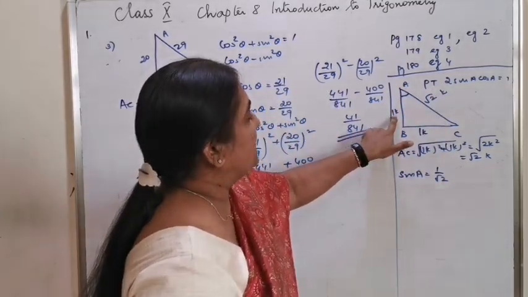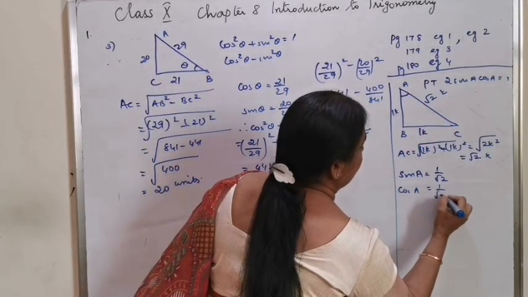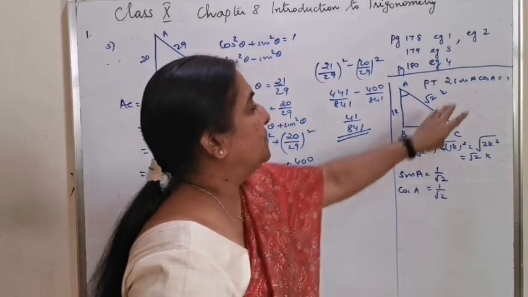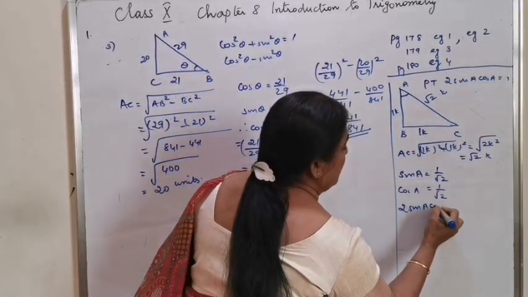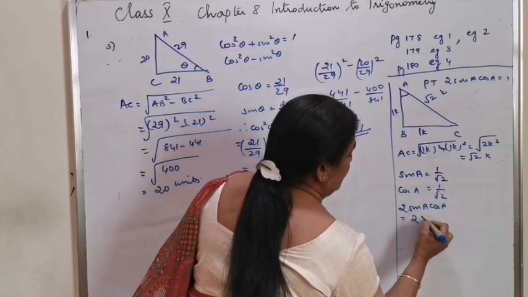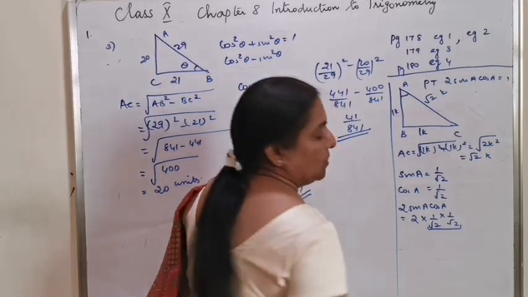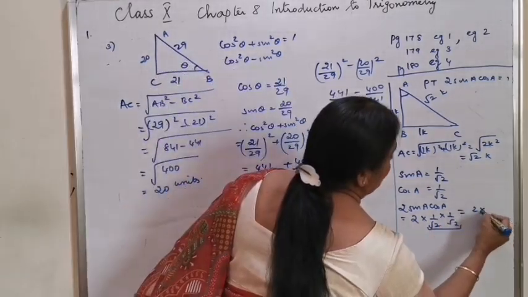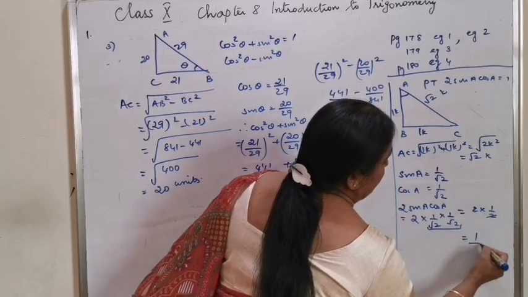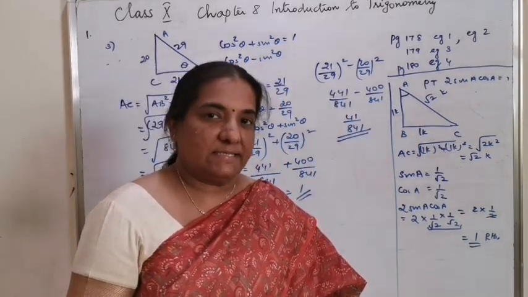Cos A is equal to adjacent by hypotenuse. Now substitute in the LHS. 2 sin A cos A is equal to 2 into 1 by root 2 into 1 by root 2. Root 2 into root 2 is 2. So 2 into 1 by 2, the final answer is 1, which is equal to RHS.